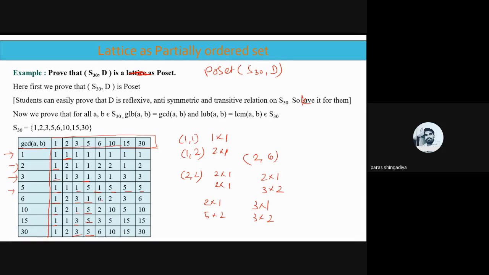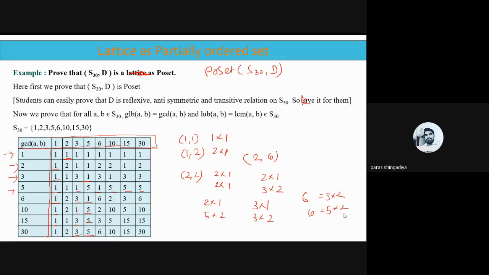And now for 6, so 6 with 6, the answer is 6. 6 with 10, you have to find the answer: 6 means 3 into 2 and 10 means 5 into 2, okay. So 2 is the common divisor, clear, 2 is the answer.